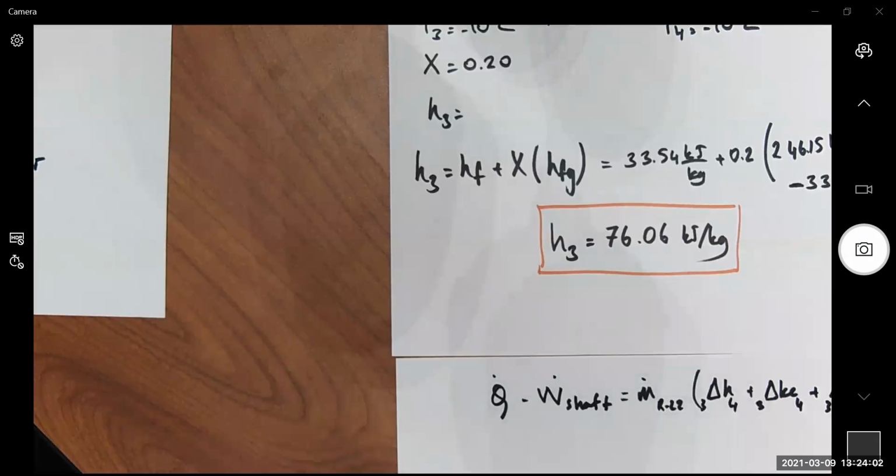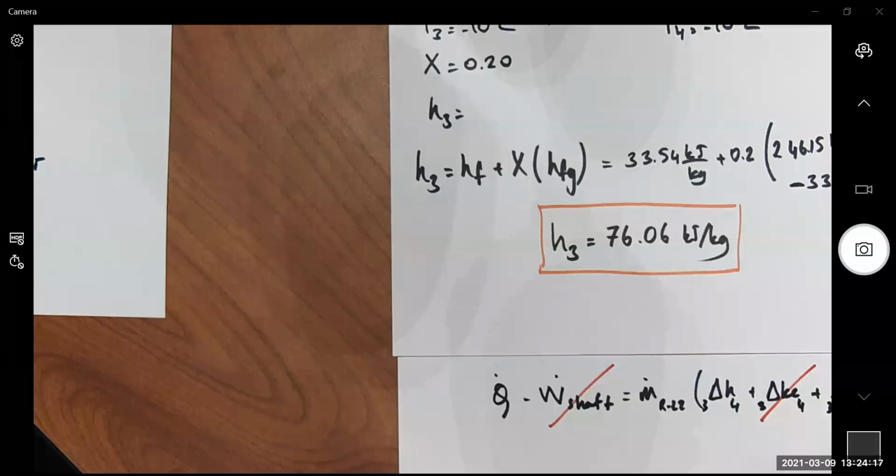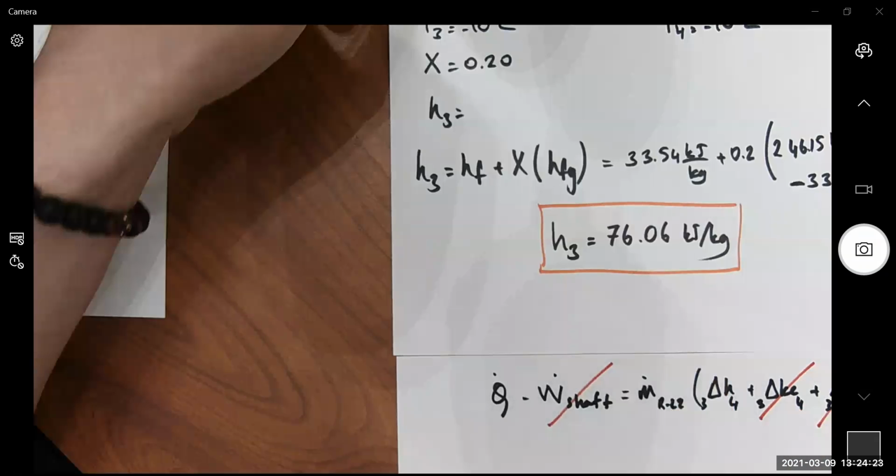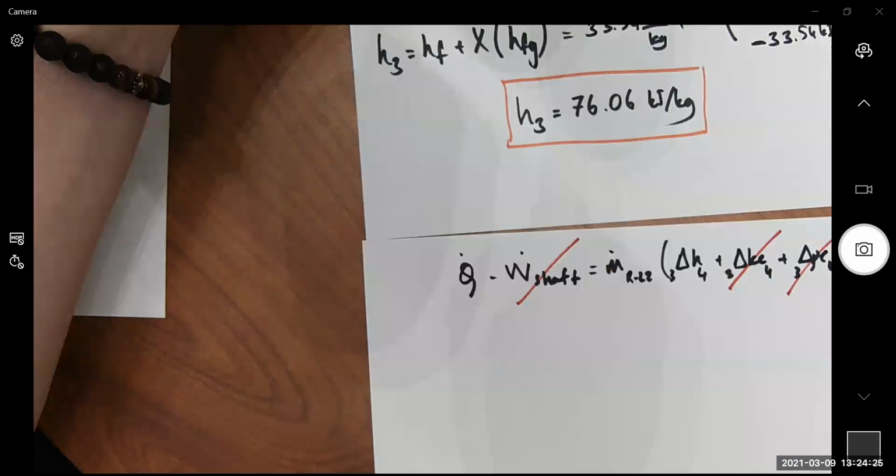For a heat exchanger, most of the time work shaft is 0. There's no shaft in a heat exchanger. Kinetic energy is sometimes negligible, not all the time. Potential energy is usually negligible. So these are the terms for this particular question we can neglect.